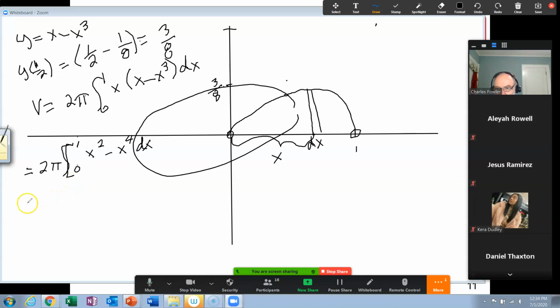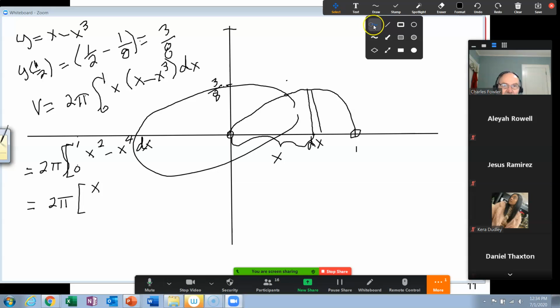Okay, so this will be 2 pi times the antiderivative of x squared. I swear this is such a pain in the neck, or some other body part.